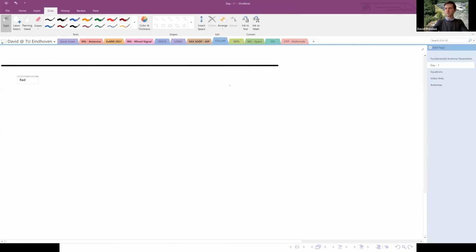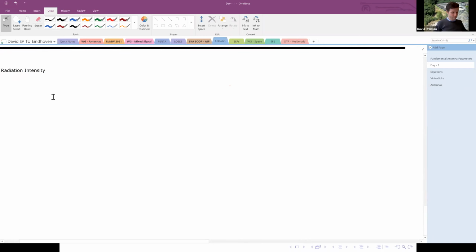I just quickly want to summarize a few things for you here. We now know that the E field in a particular direction, theta and phi, has two field components.